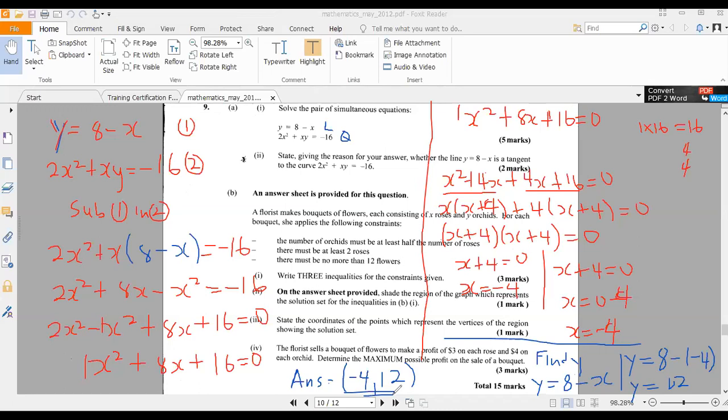So supposing x1 was negative 4 and your x2 was 5, you do the same thing you did for the first one. You substitute for x, put the 5 and do the same thing. So you're going to get two different values for x and y, just like when you're doing normal equations. It will be two different answers.